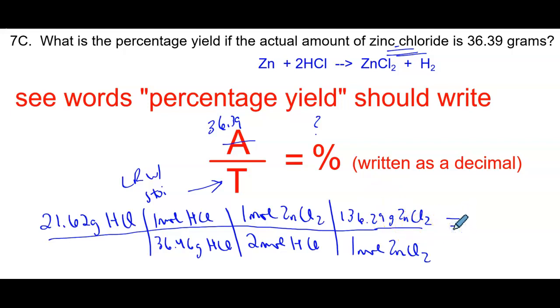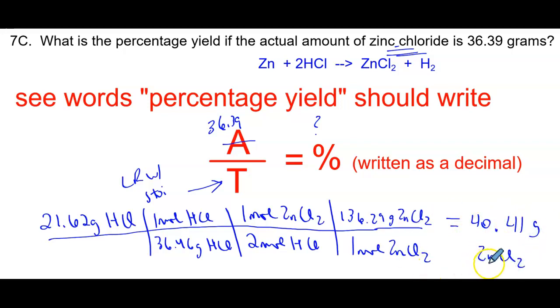So now we're going to multiply 21.62 times 136.29, divide by 36.46, divide by 2. I'm hitting equals every time, and I get 40.41, 2 places past the decimal, grams of zinc chloride.